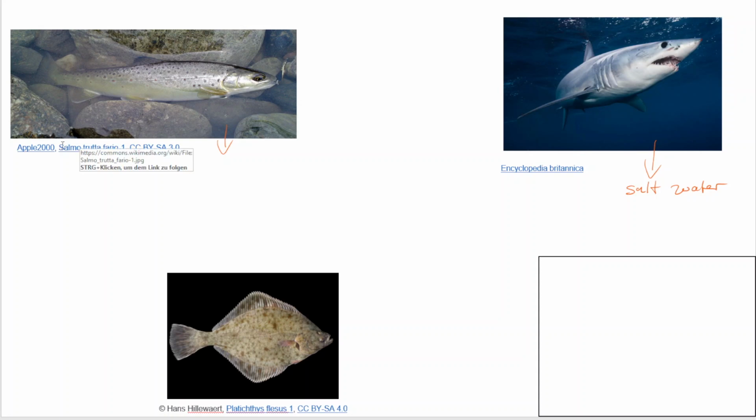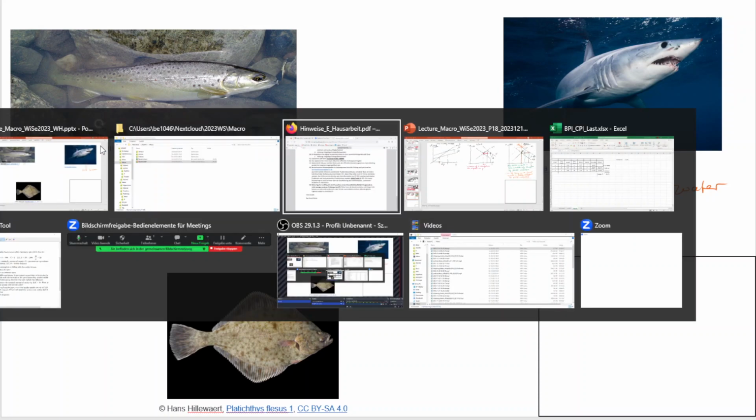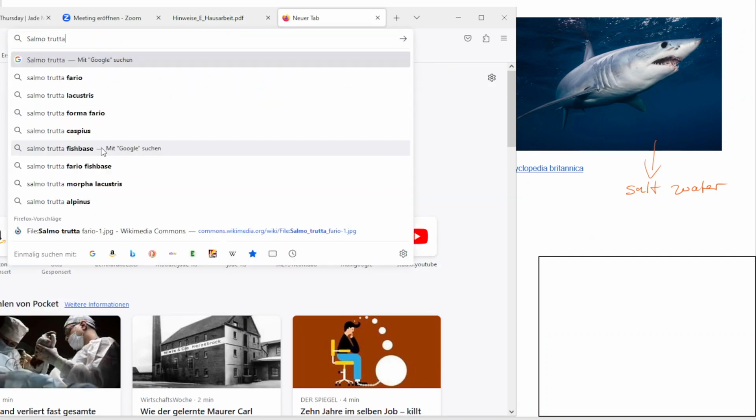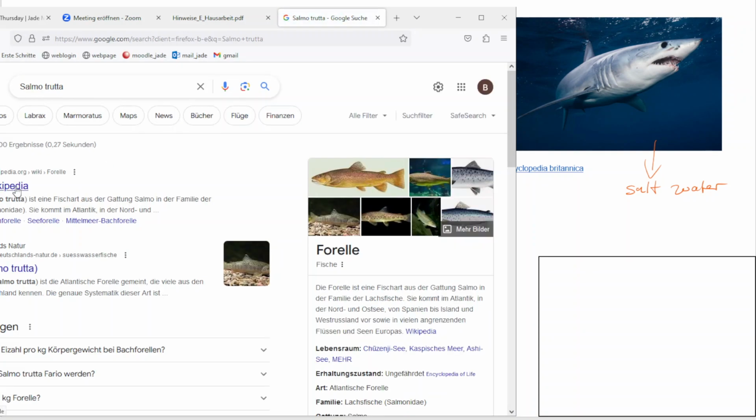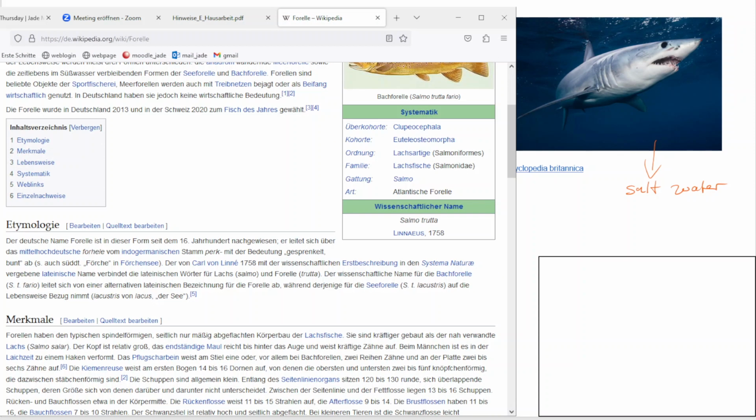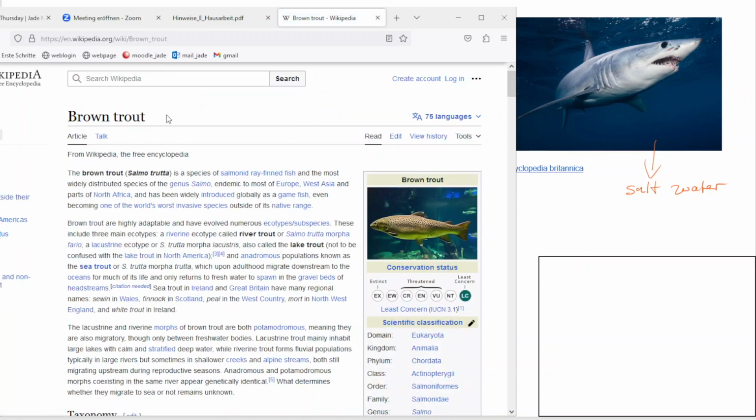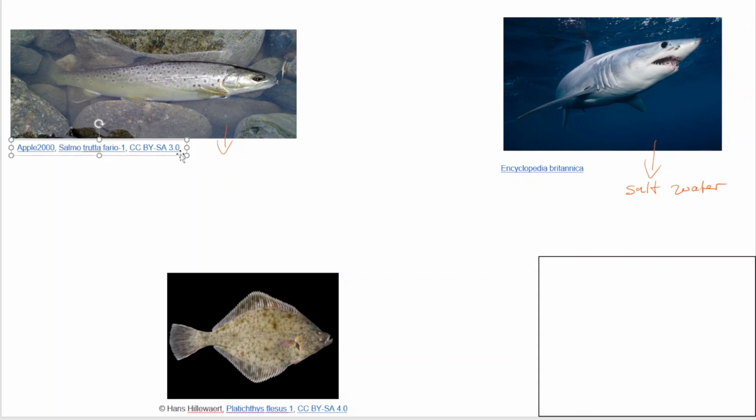Salmo trutta. I also have to look up what it is in English because I only know it in German. In English, it is brown trout. Okay, this I learned. It's a trout. And where does a trout live? Freshwater, so sweetwater.